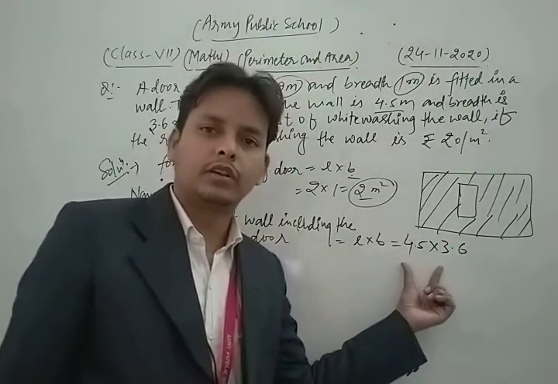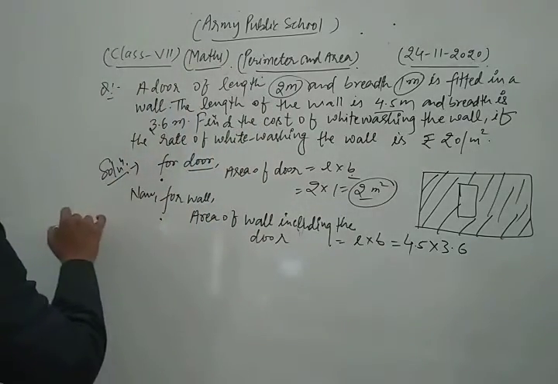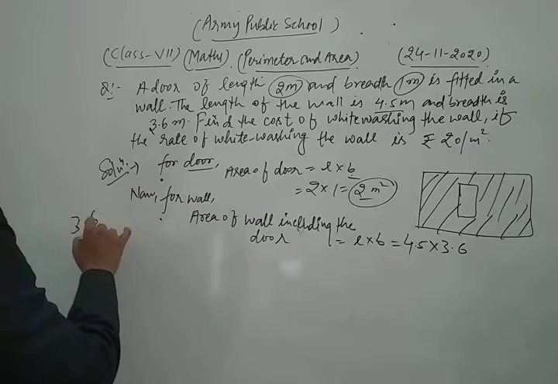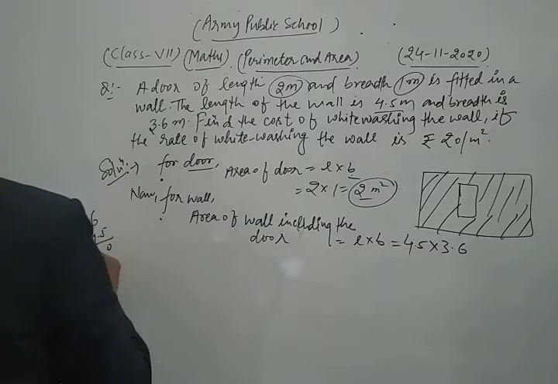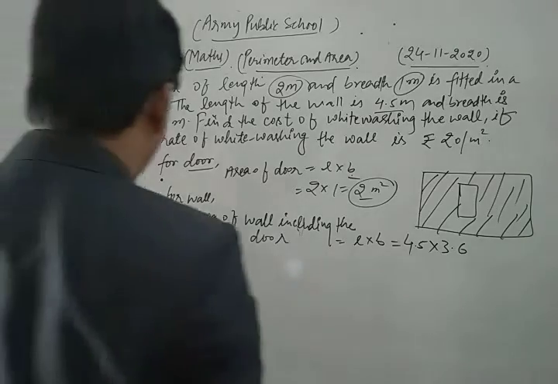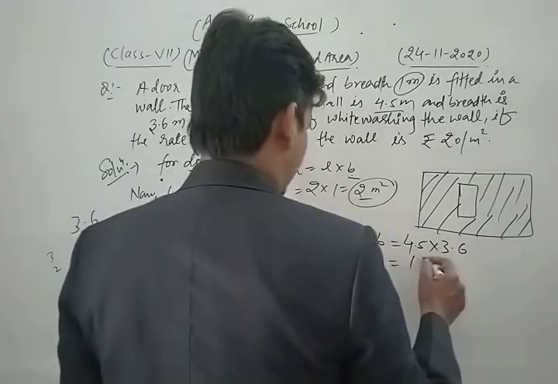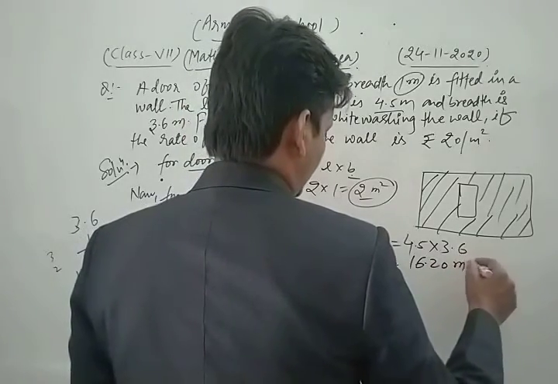Now we multiply them, let's see, 3.6 and 4.5 gives 16.20 meter square.